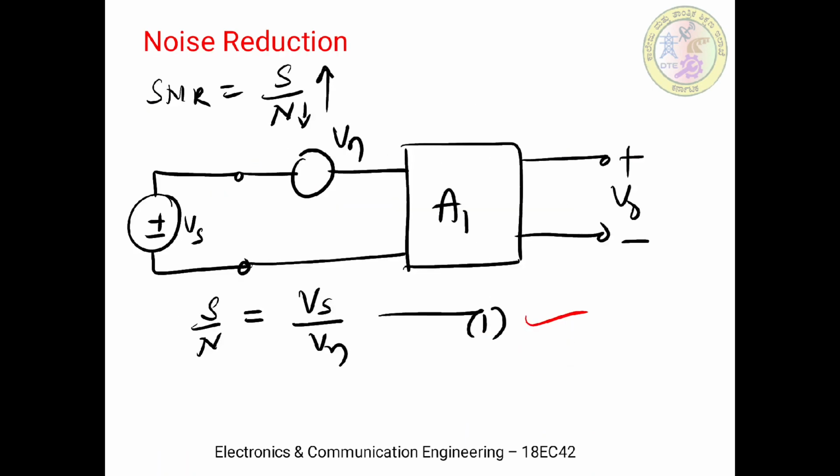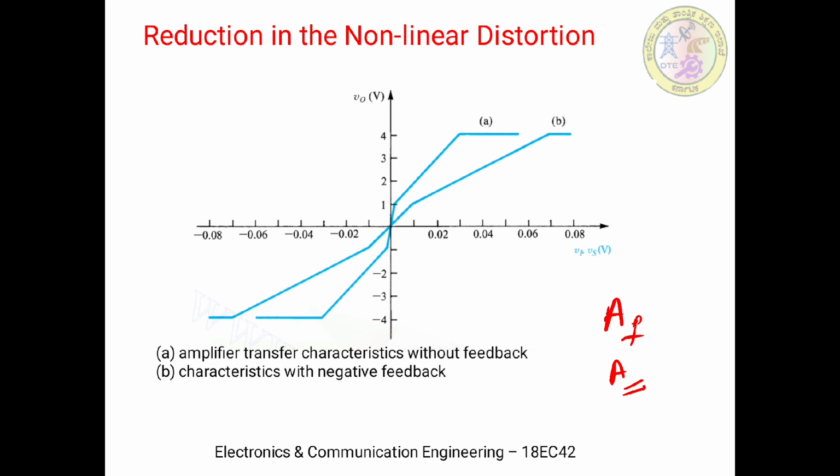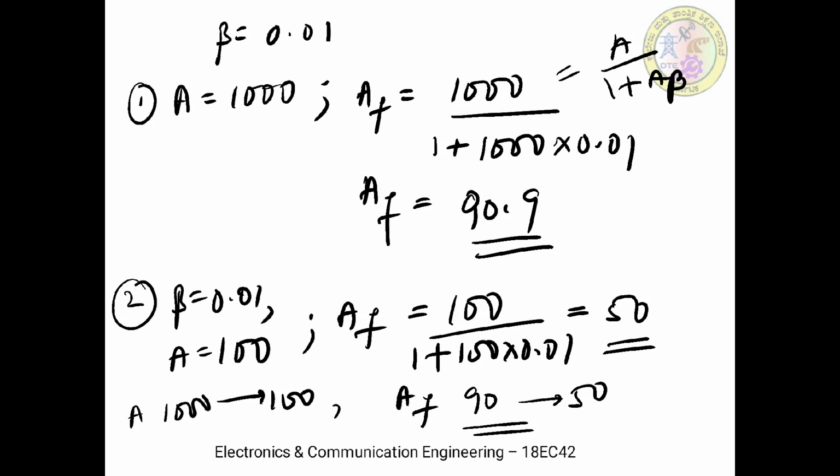Similarly, the third one is how the overall signal to noise ratio is enhanced in case of feedback amplifier topology, and finally how the non-linear distortions are reduced in case of feedback sections. We'll continue in the next session. Thank you.